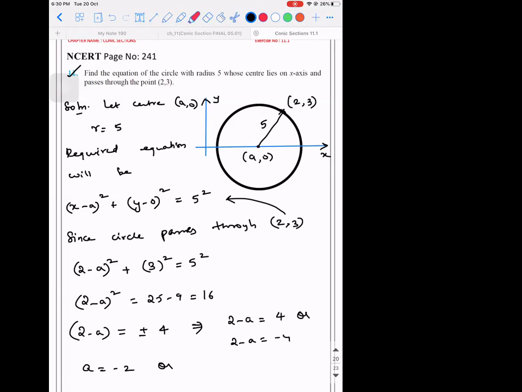Which one should I take into consideration? I think both can be right.